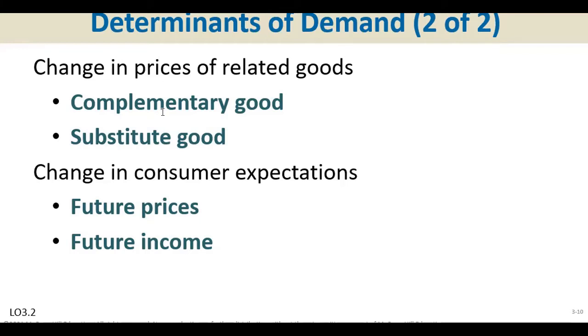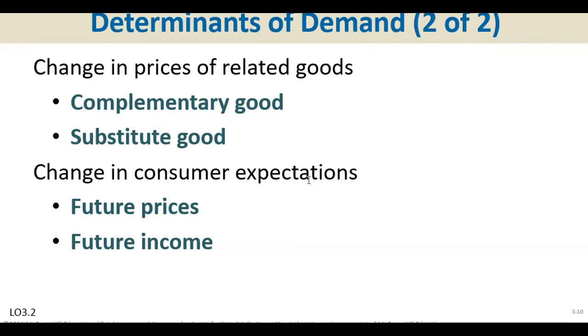One good example of substitute goods is Coca-Cola and Pepsi-Cola. If the price of Pepsi-Cola increases on the market, people will shift their purchase to Coke. So the demand for Coke is going to increase, because people want more for their money, and they shift their purchase toward the less expensive good on the market.